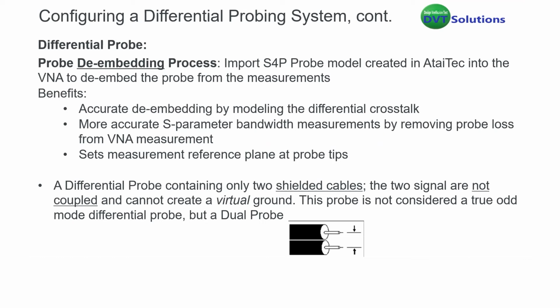In most probes on the marketplace, and I believe we're the only company, DVT Solutions, that do have a differential probe, they just use 2 coax cables in a plastic box, and the shields around the conductors are not coupled. So by that very nature and architecture, it's impossible to create a virtual ground because the conductors are not coupled and they're isolated. So in a sense, these are referred to as dual probes.